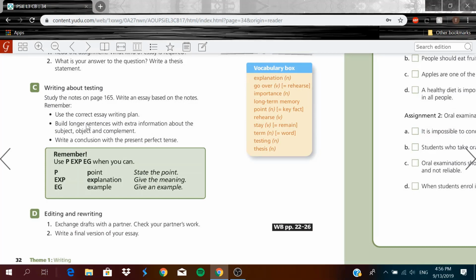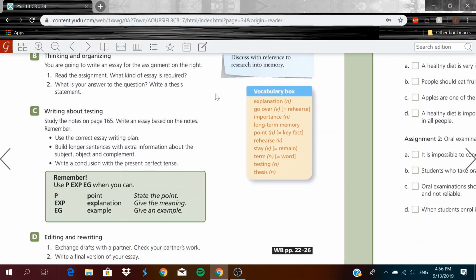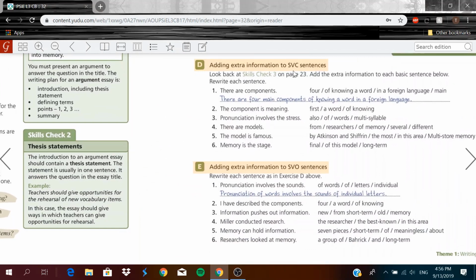We're going to talk a little bit about the correct essay writing plan that you're going to use to write this argument essay. You've got to build longer sentences with extra information. Remember when we talked about this? We talked about SVC sentences and how to add extra information.